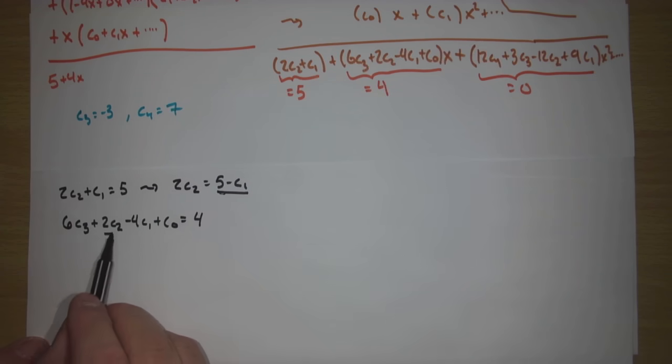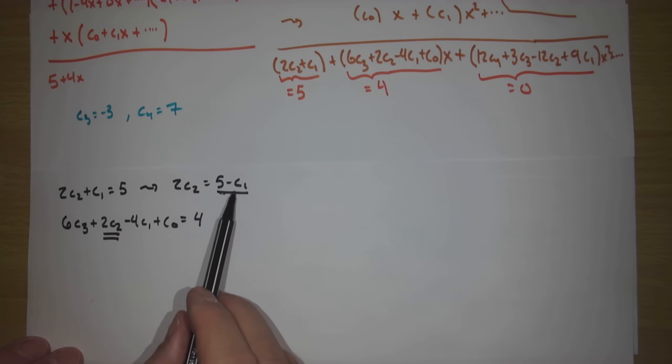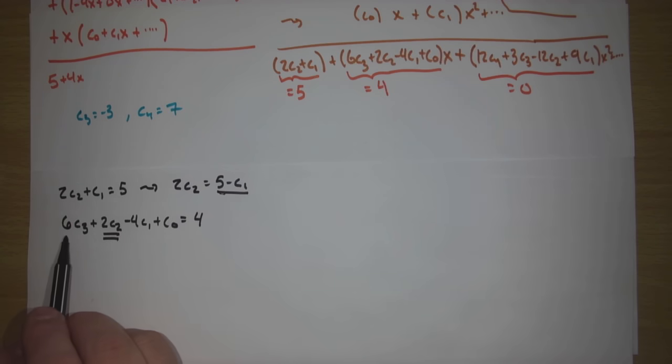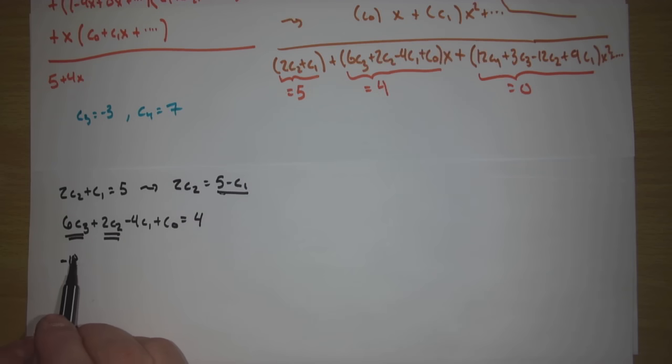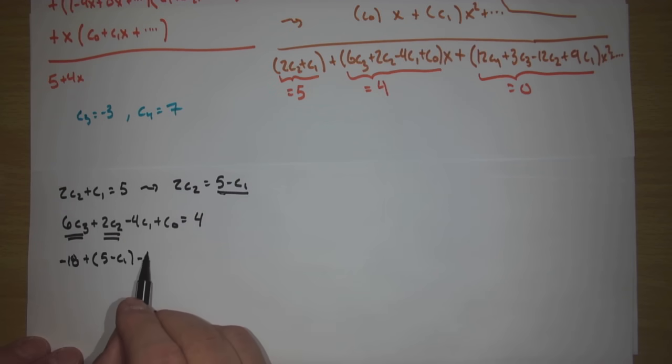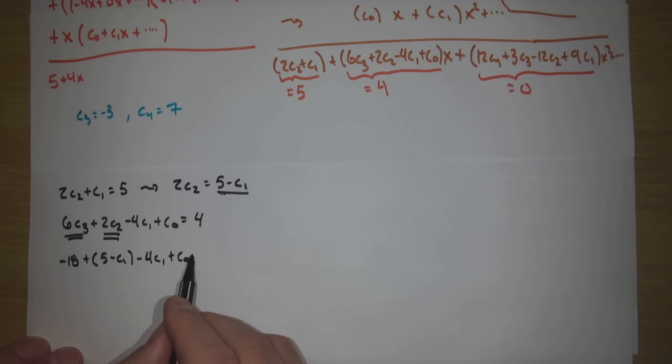What can we do with this 2c2? It's 5 minus c1, right? And what can we do with this 6c3? It's 6 times negative 3. So negative 18 plus 5 minus c1 minus 4c1 plus c0 is 4.